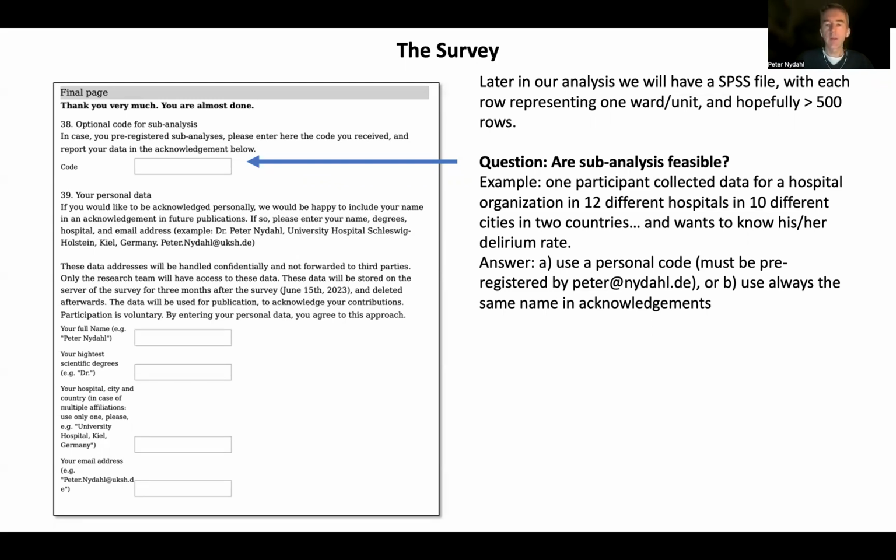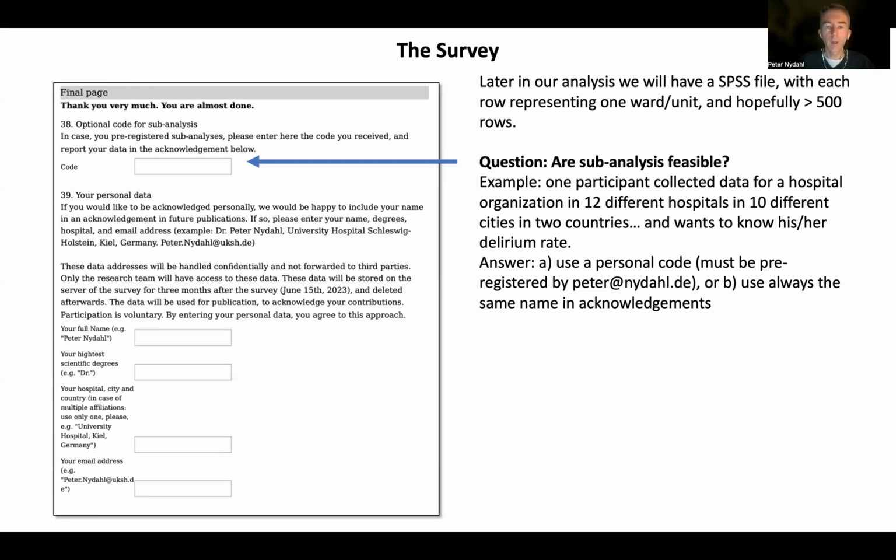This is feasible if you have a personal code. And the last question in the survey is for a personal code. If you want to perform such a sub-analysis, send me an email in advance. I will send you an individual code, and you have to enter this single code in each ward or unit questionnaire. And later on, we can identify your wards by searching for this special code. So send me a request in advance, and I will answer with a code.